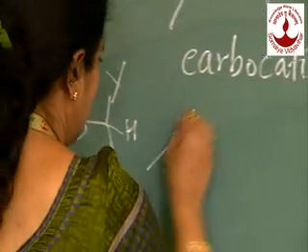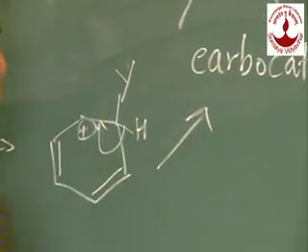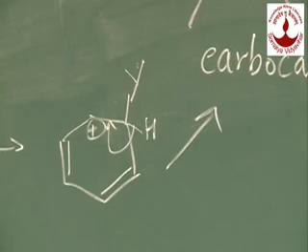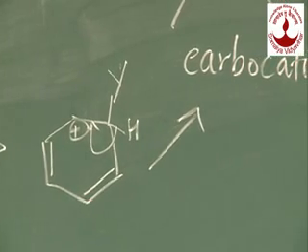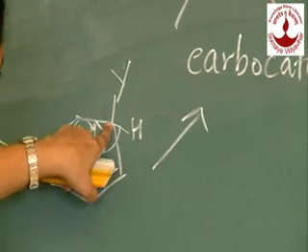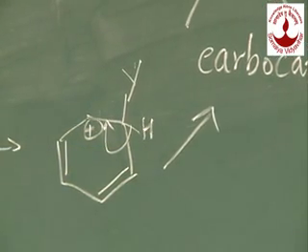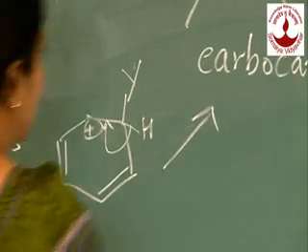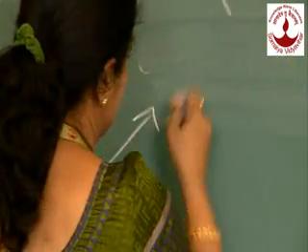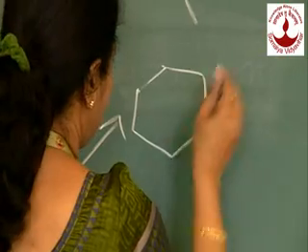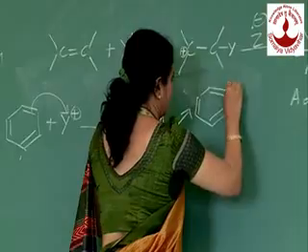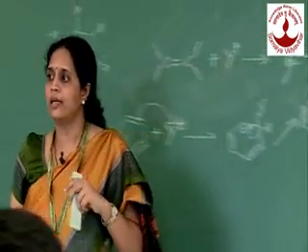Now this can lose a proton by reacting with a base, and the electrons which hold this proton can enter the ring, and aromaticity is restored in this case. So you get a substituted benzene ring.